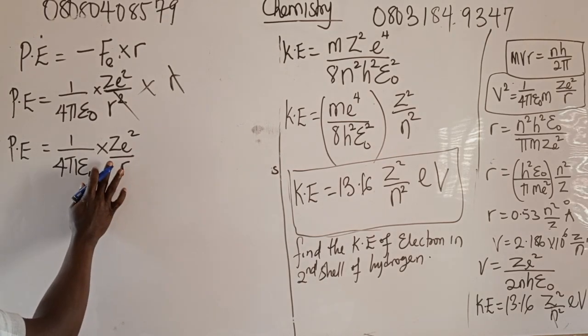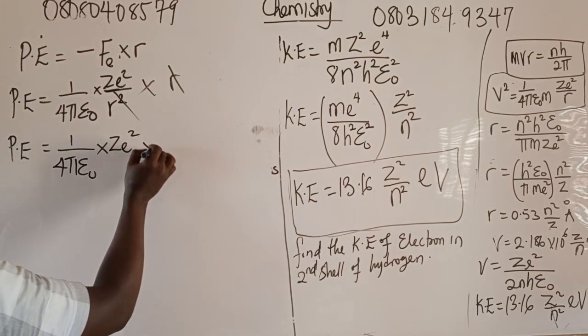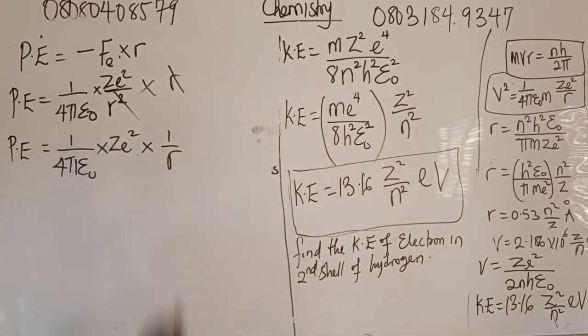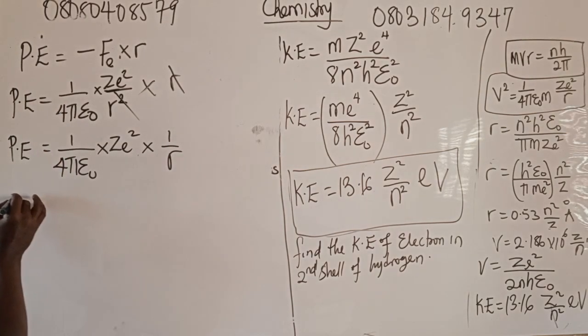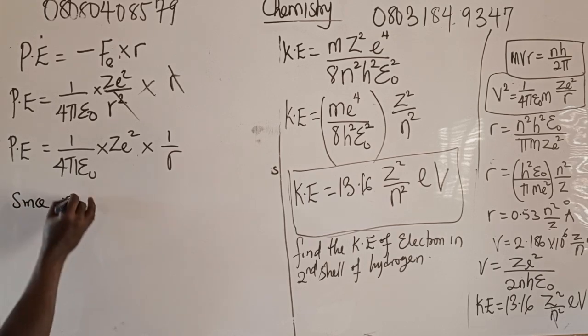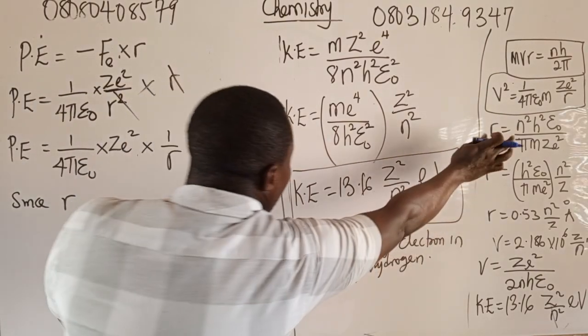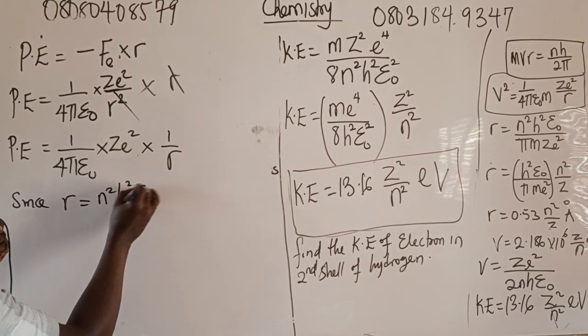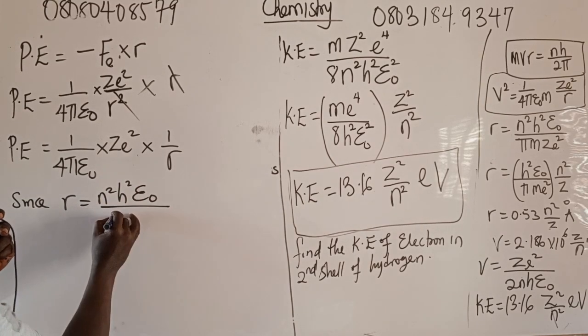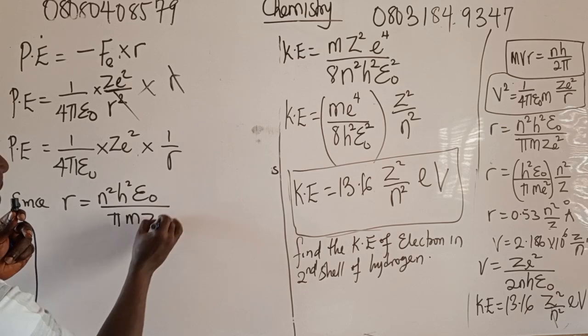You know that I can simply do it like this, times 1 over r. And what is r? Since r is equal to n square h square epsilon naught over pi m Z e square.